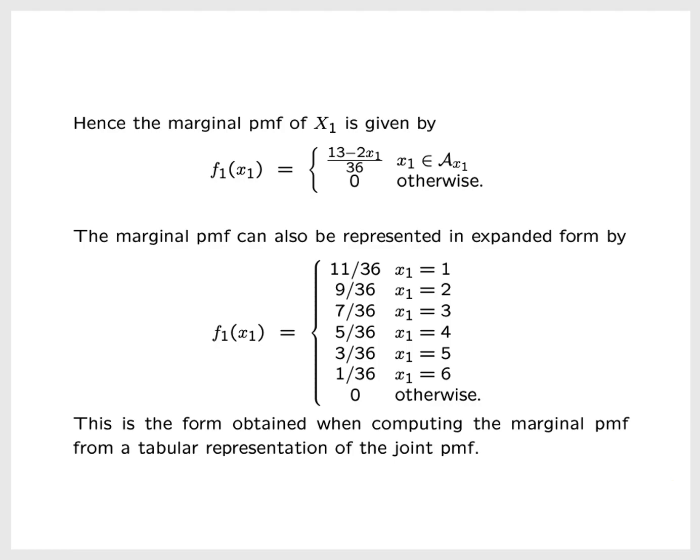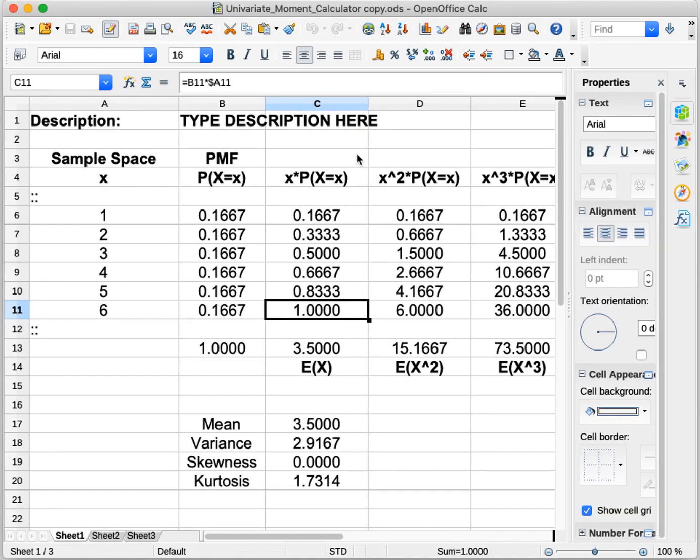In fact, let's just do that. So I've got my template brought up here, and I've got the exact values for the sample space that I need. I've got the correct number of rows. This is going to be the marginal PMF of x1.